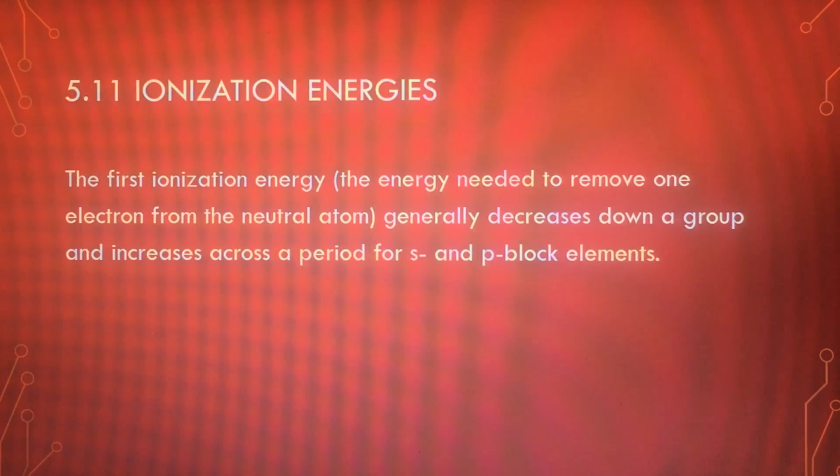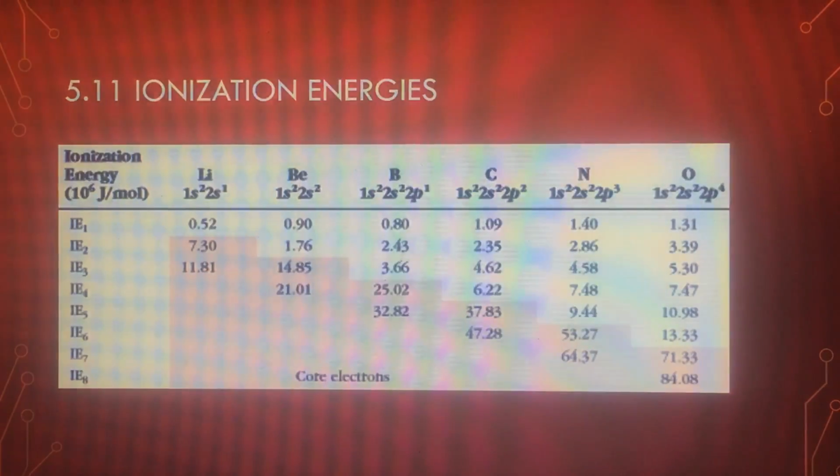The first ionization energy, or the energy needed to remove one electron from the neutral atom, generally decreases down the group and increases across a period for S and P block elements, or the group A or representative elements.